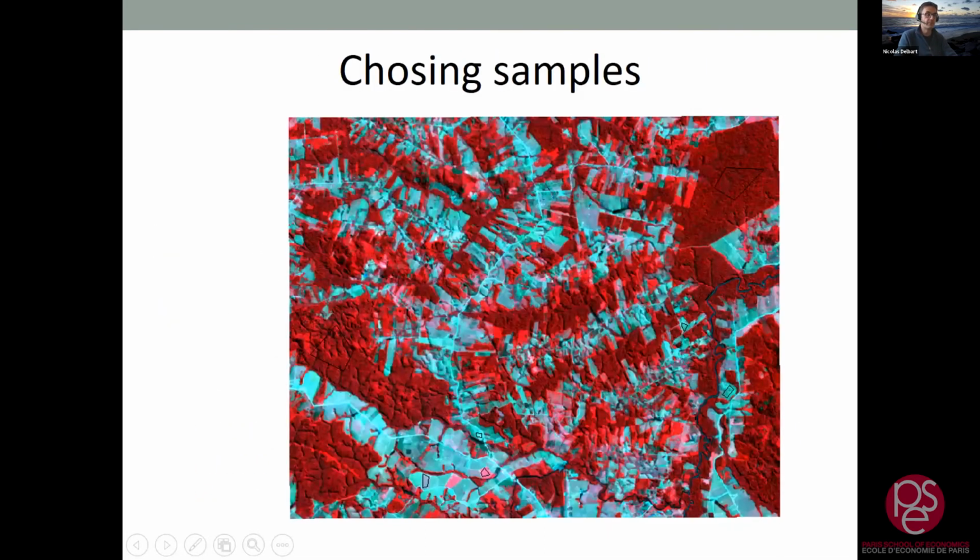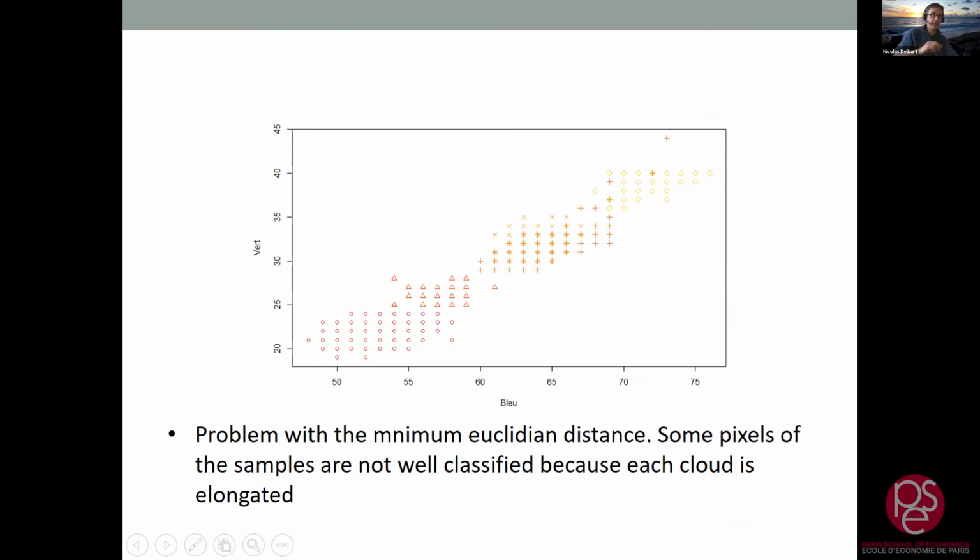In this image, as before, I first present this algorithm using only 2 spectral bands, in order to be able to represent it in 2D. So here I've got the digital number values in 2 spectral bands, the blue and the green, of the different samples that I have shown in the previous slide.